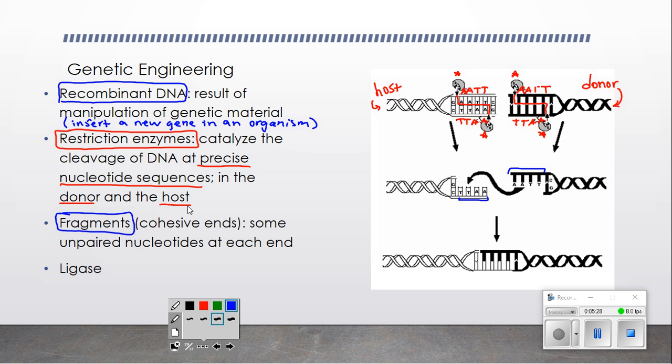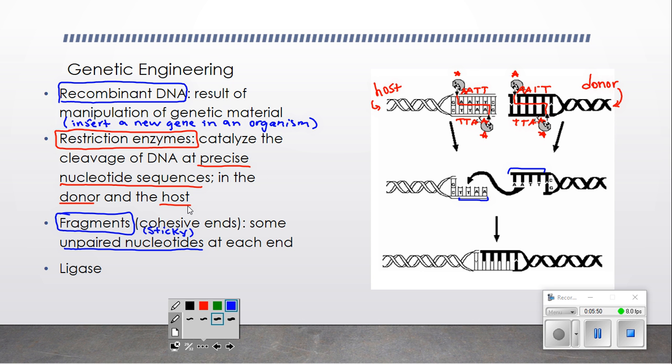Sometimes we'll call these little fragments cohesive or sticky ends. They're not actually sticky, like if you touch them, they're not going to stick to you, but we call them sticky ends because we have some unpaired nucleotides, and DNA does not like to be unpaired.